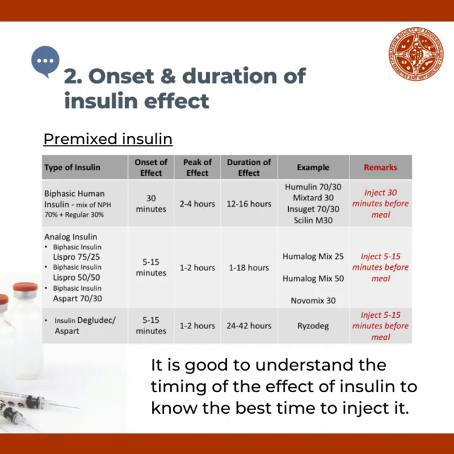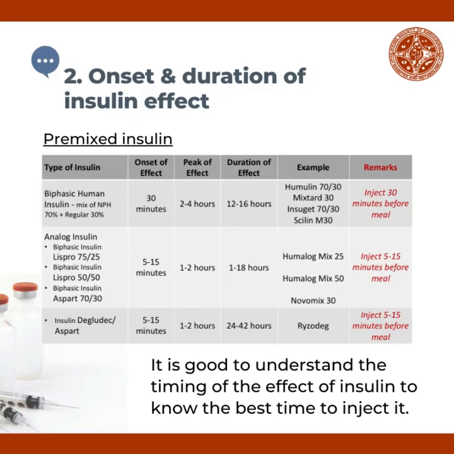Examples are biphasic insulin Lispro 75-25 or Humalog Mix 25, biphasic insulin Lispro 50-50 or Humalog Mix 50, and biphasic insulin Aspart 70-30 or Novomix 30. These are injected 5 to 15 minutes before meals.